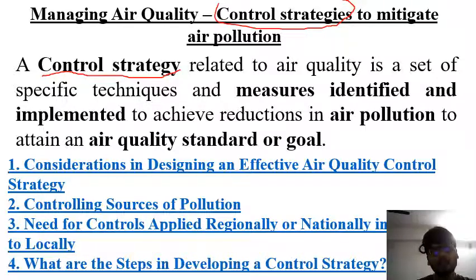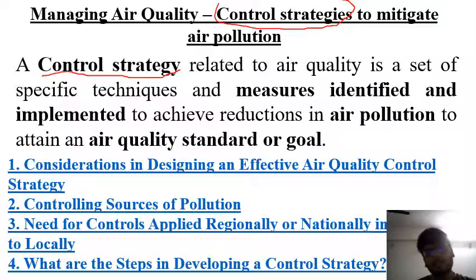A control strategy related to air quality is a set of specific techniques and measures identified and implemented to achieve reduction in air pollution to attain an air quality standard or goal.